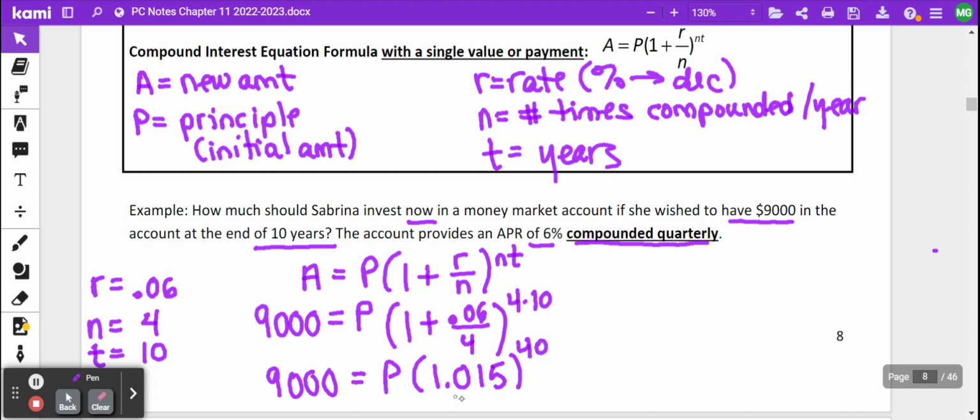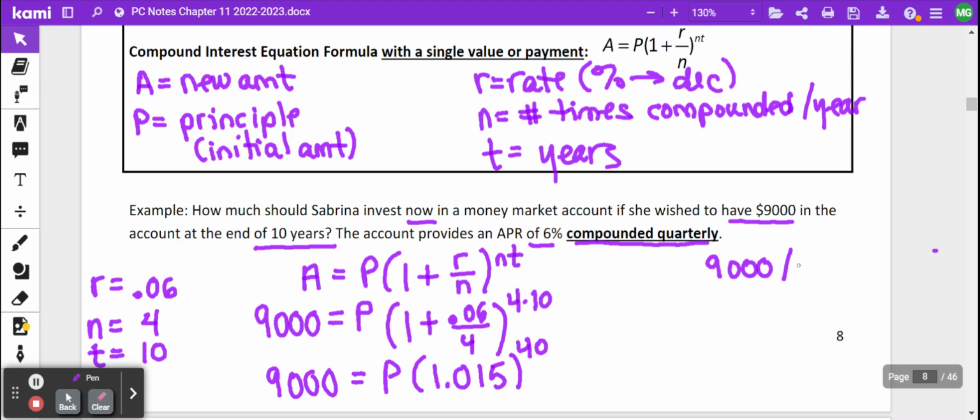So you're going to put 1.05015 raised to the 40th power in your calculator. When you get that value, you need to do 9,000 divided by that value. And remember, in your calculators, you can do 9,000 divided by the answer key.